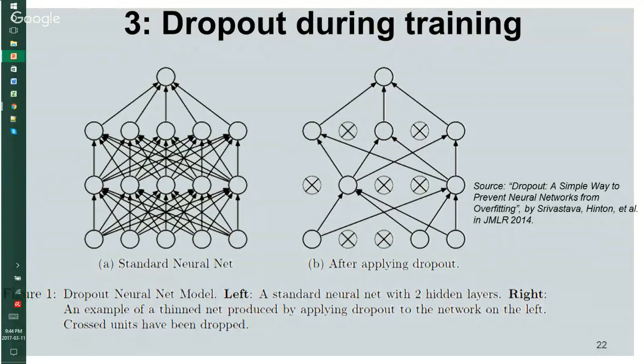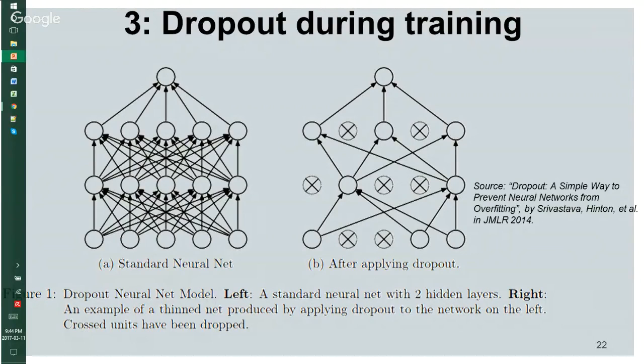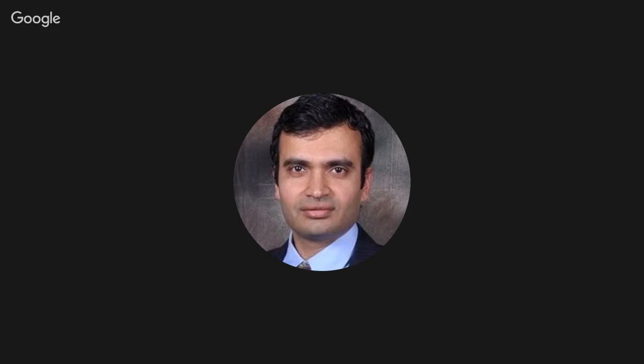You have all the neurons that are present there, but when you are training them using dropout, you will pick the ones that are crossed out, the right set of neurons, that you will completely drop out. So all connections going in and out of those neurons will not exist.